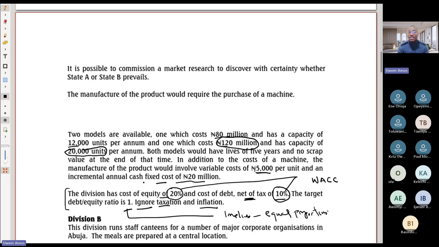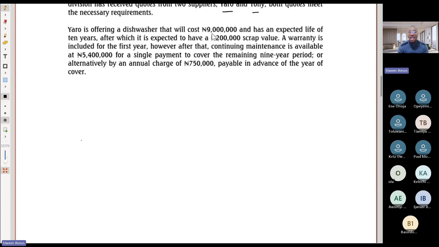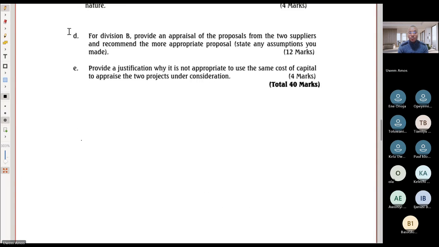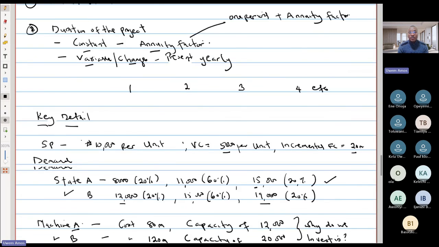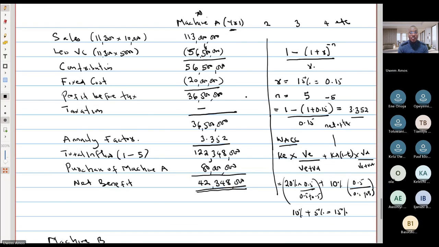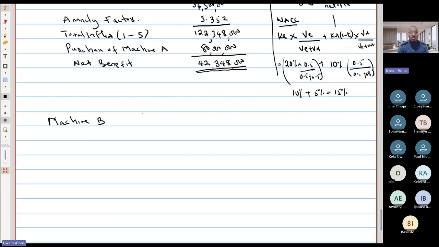Machine B will cost us 120 million, with a capacity of 20,000 units. So the big question is if we buy machine B, what will be our sales?